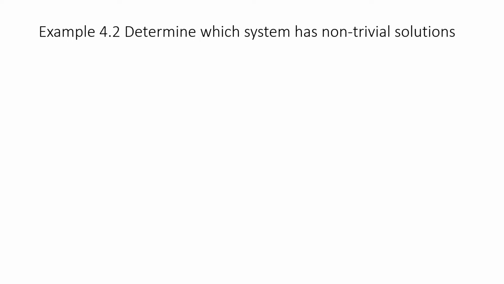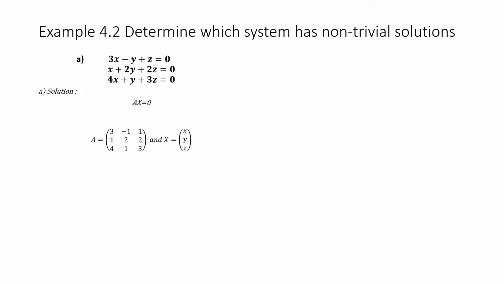Now here is an example, and it is about determining whether the system has a trivial solution or a non-trivial solution. Here we have a system of simultaneous equations. First of all, this is Ax equals 0, the A matrix, the X matrix, and on the right side is the null matrix, or 0 0 matrix. This is our A matrix. X is x y z as usual.